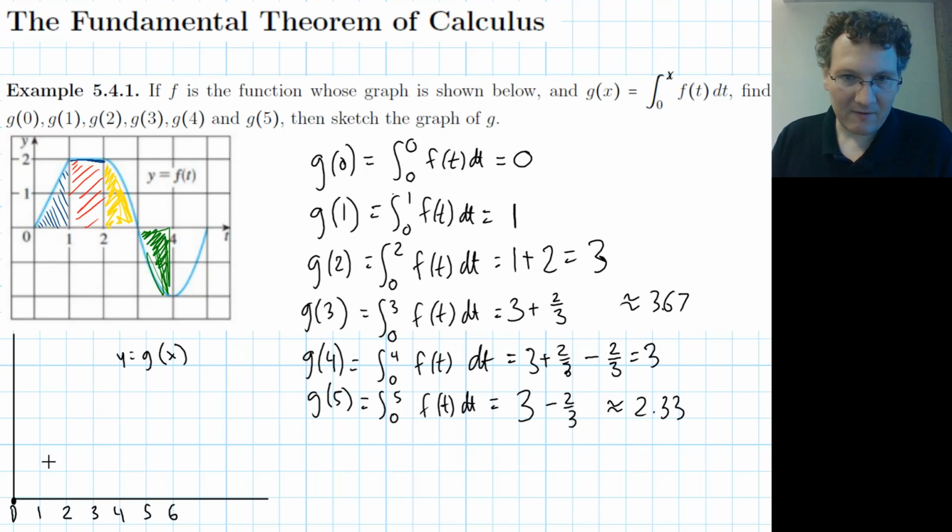So we have g of 0 is 0, g of 1 is 1, g of 2 is 3, and then we're at 3 and 2/3. At 4 we're down at 3 again, and at 5 we're at 2 and 1/3, roughly about there. So this is my estimate.